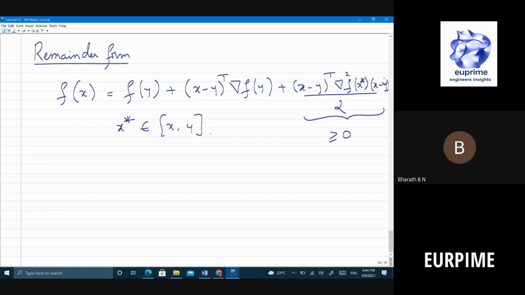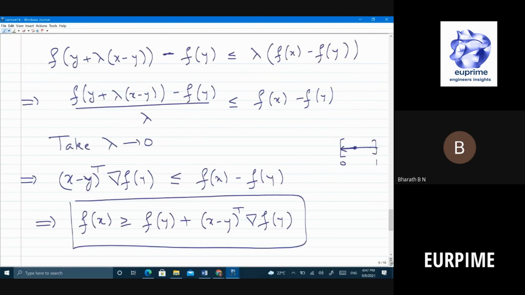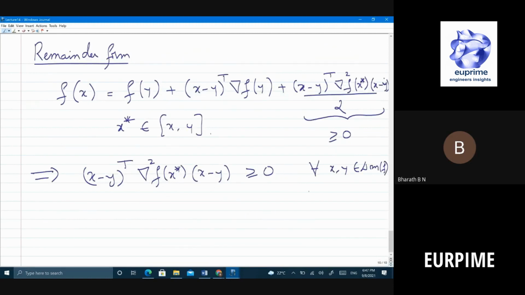What is that called? This implies x minus y transpose the Hessian of f at x star times x minus y is greater than or equal to 0, for every x, y in the domain of f, and for some x star in between x and y.